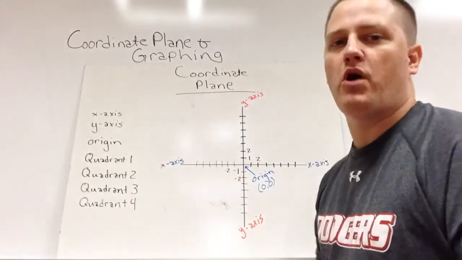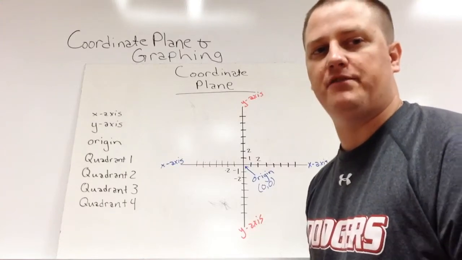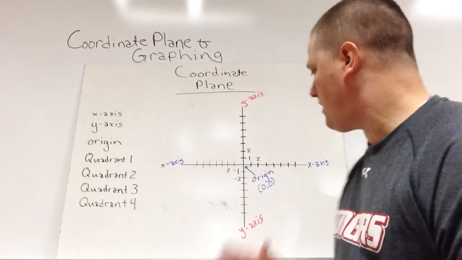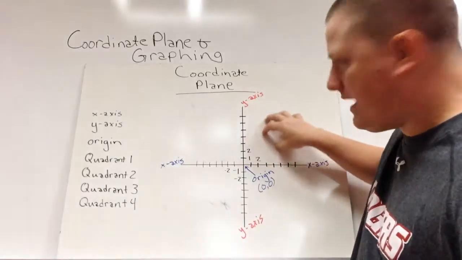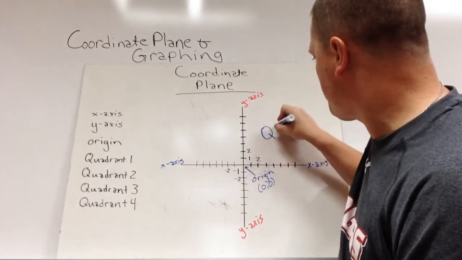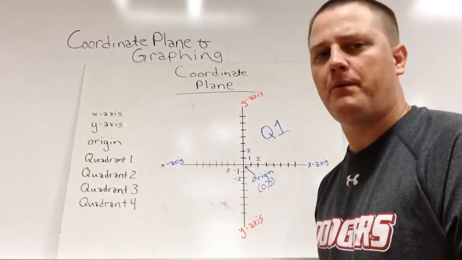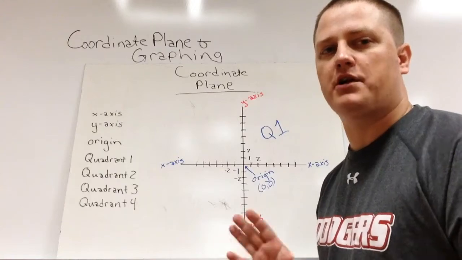Quadrant 1 is our most used quadrant, since we typically use positive numbers more than negatives. So our positive x and positive y, this section here, is known as quadrant 1. I like to call it Q1. And then what we do is we go counterclockwise.